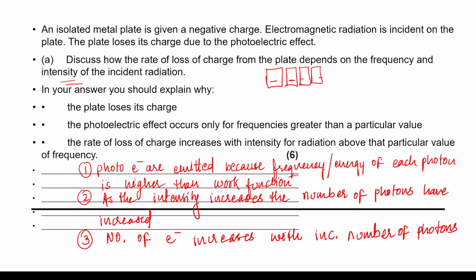Okay, now just to add more marks, I don't think this is going to get us 6 marks. We also have to explain how the plate loses its charge. We have not explained how it loses its charge, because the electrons are emitted, it loses its charge. Yes, we have explained. So because it is emitting out electrons, and then we explain the frequency.